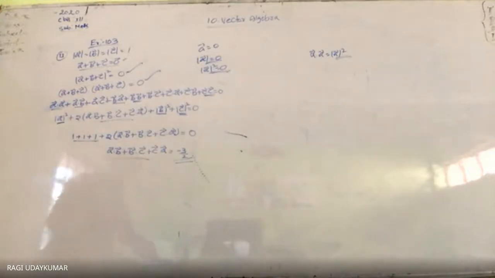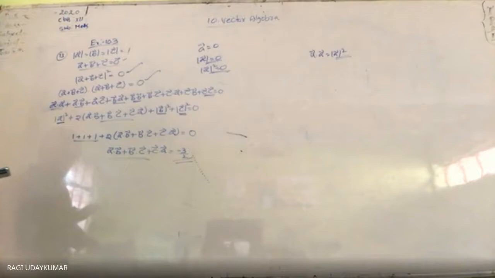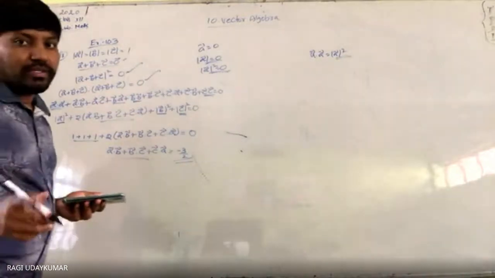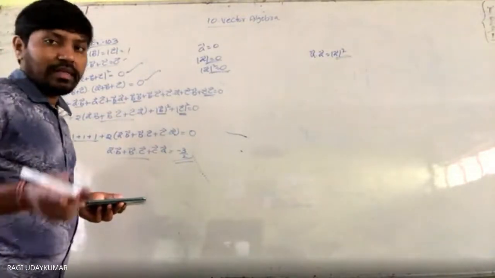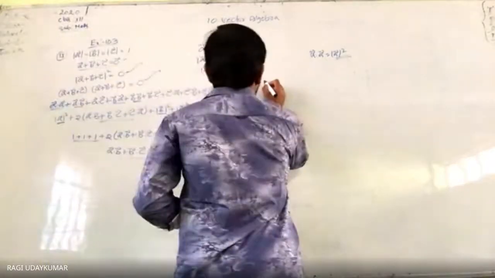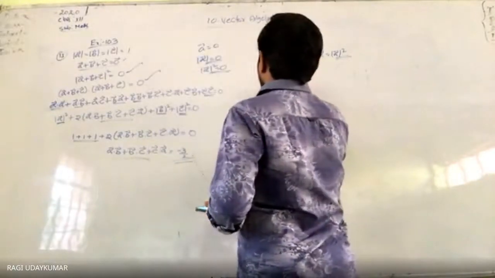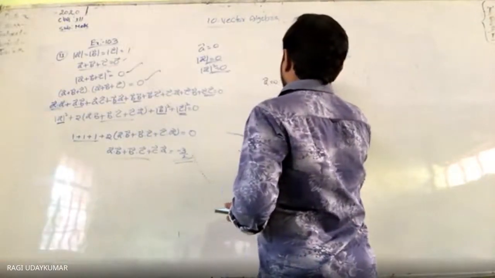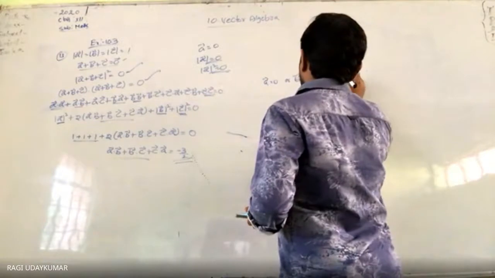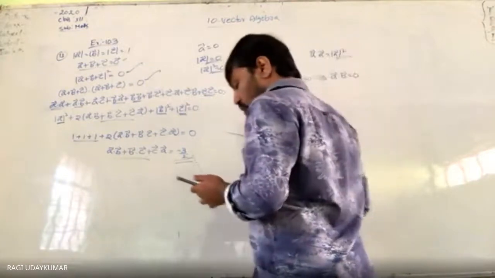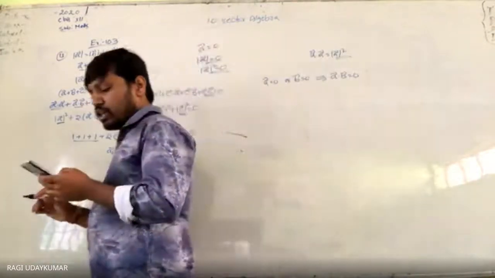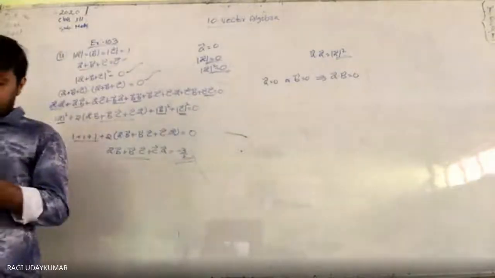Okay, so this is the dot product, and the last two problems are there. The 14th one: if either a bar is equal to 0 or b bar is equal to 0, then the dot product of a bar and b bar is 0. So the question is whether the converse need be true. Justify your answer.